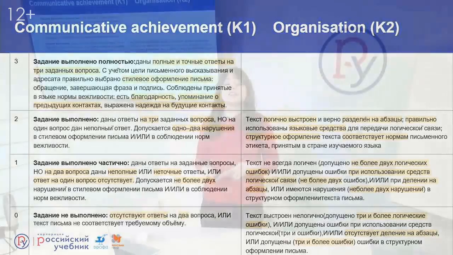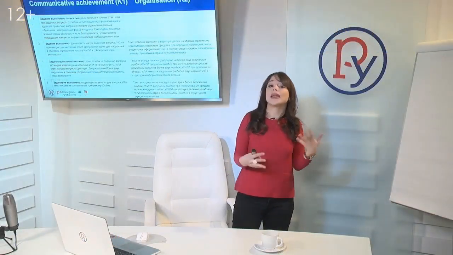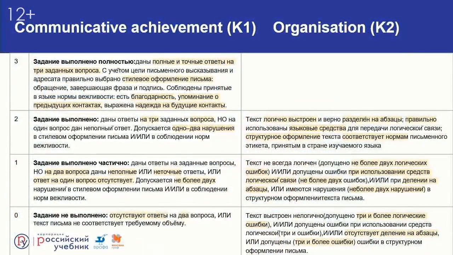Right. So these are the keywords that I personally highlighted to myself. Obviously, they may differ a little bit from what you thought to be important keywords, but I think that generally this is what we have, right? So for the task, for the communicative achievement, if we want to give 3 points for this assessment criteria to our learners, then we make sure that they give full and very accurate answers for all 3 questions, right?